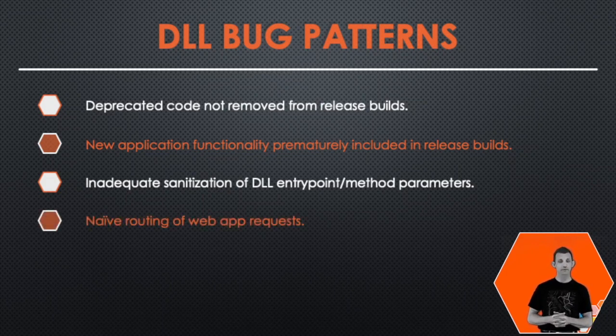Another bug pattern that we'll see with the use of DLLs and assemblies in Windows environments is naive routing of web app requests. We'll take a look at some specific examples shortly, but at a high level, web request routing in a Microsoft environment is a bit more complicated than in your traditional Linux, Apache, Tomcat, or even microservices environment.